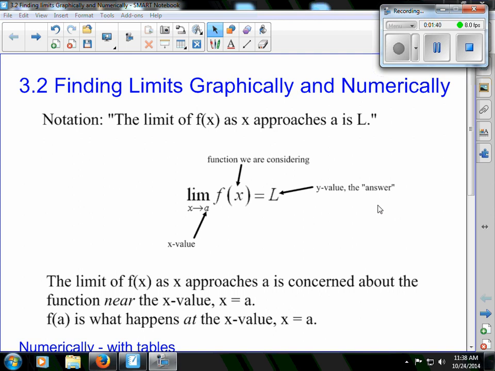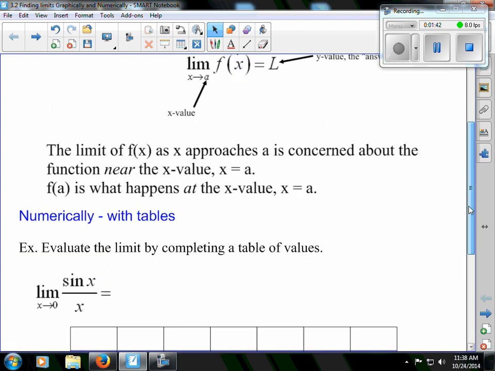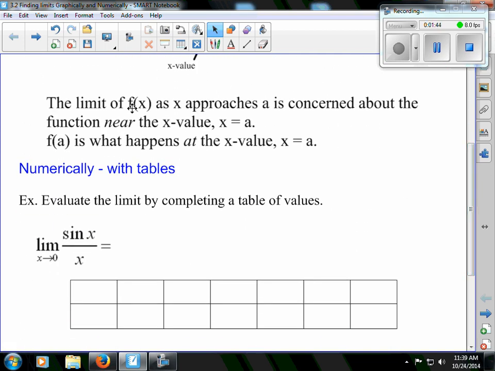One very important concept to point out is that the limit of a function as x approaches a number is concerned about the function near the x value, whatever that number is. It is not the same as what the function is at the x value.